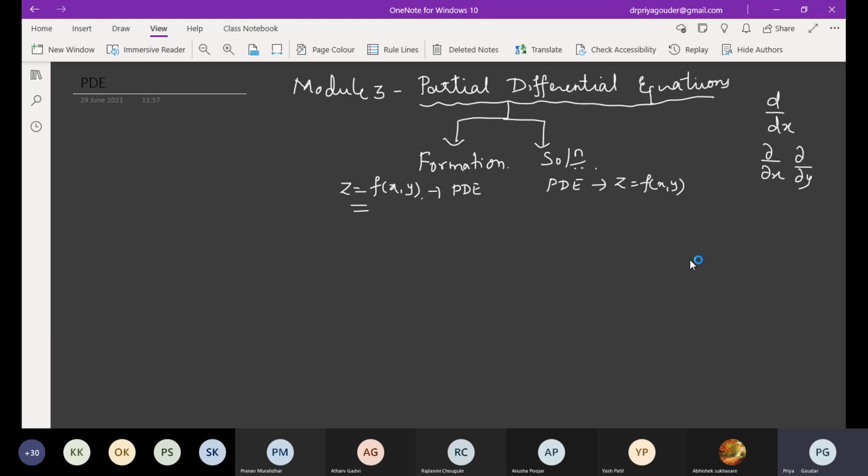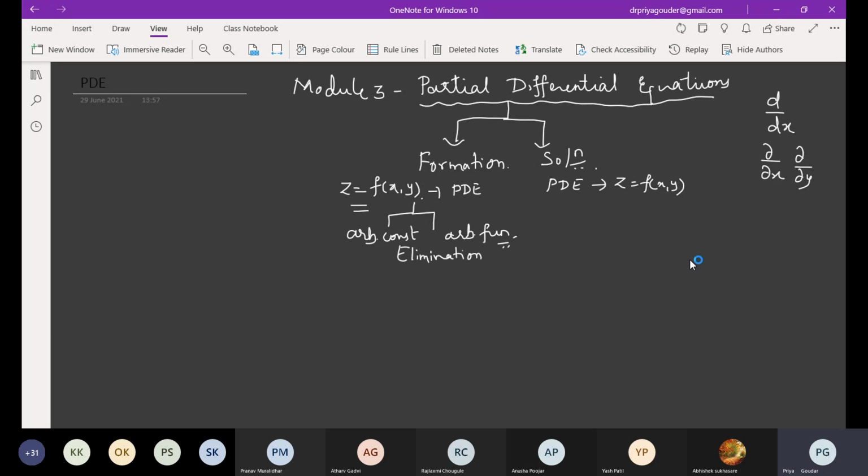To do it, it is actually divided into two parts, and both parts are actually the elimination only. So we have to form the PDE by elimination. This elimination will be by arbitrary constants or by arbitrary functions.